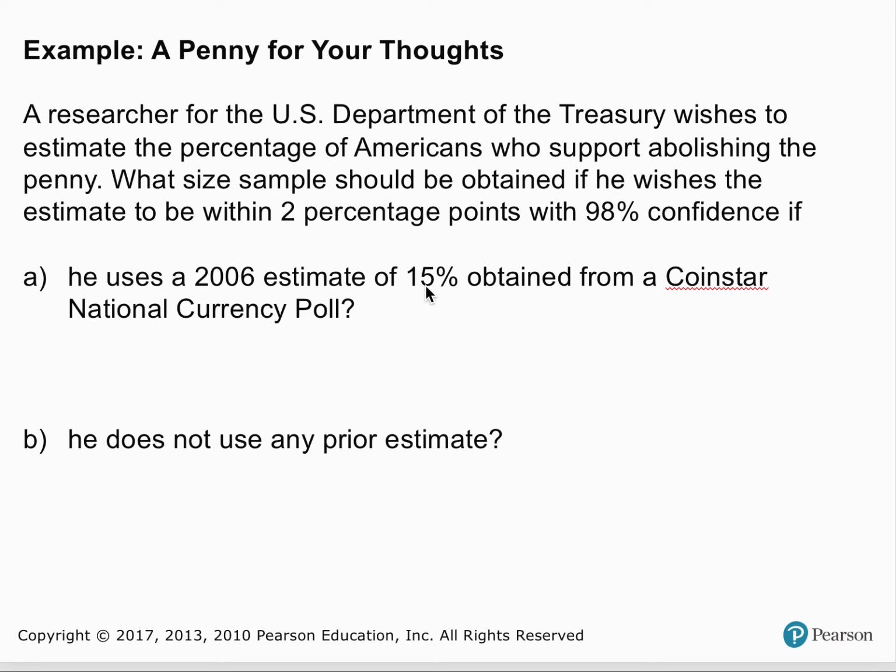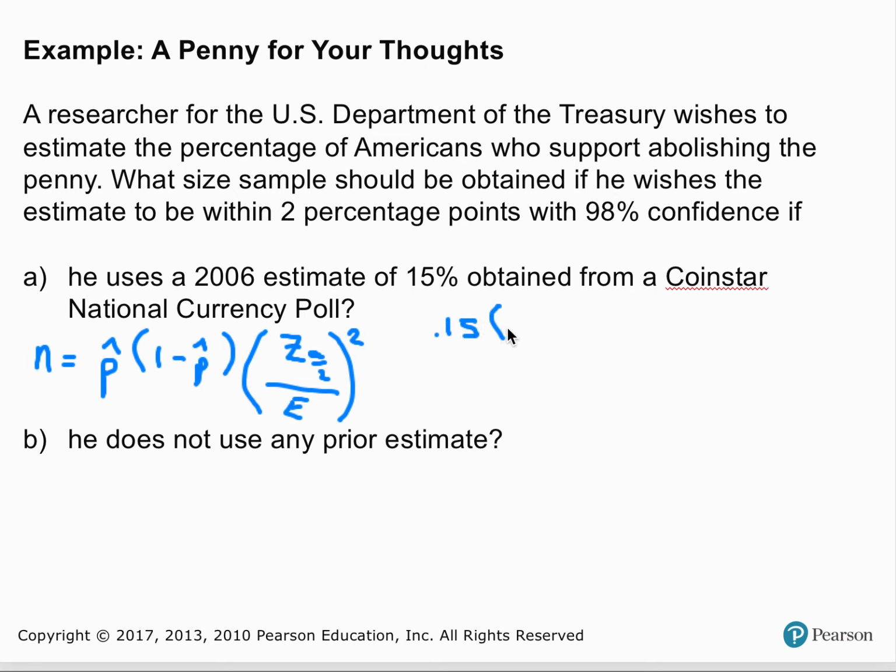And if you have a previous p hat to use, a previous parameter, then here's the formula for that. And we just have to fill everything in. Okay, so p hat is 0.15, which means 1 minus p hat would be 0.85.